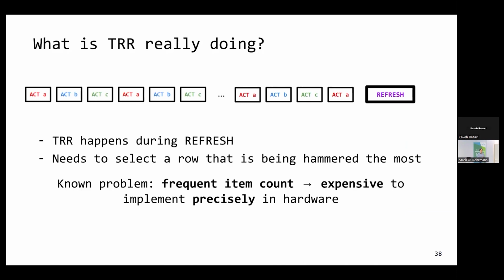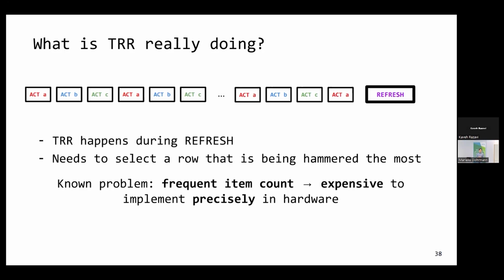And this took us a couple of years to find out that they're trying to solve the frequent item count problem, right? You're trying to find an item that is repeated more frequently than others. There are a lot of algorithms out there, right? But this is a security application, and you need to do frequent item count precisely, right?